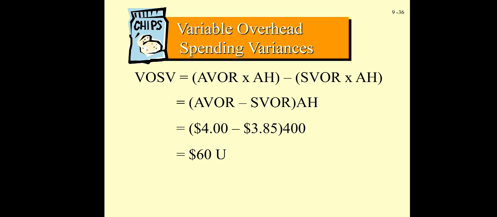Actual hour is 400, so the variable overhead spending variance for this sample question is $60 unfavorable. The most important thing is you have to memorize the formula.